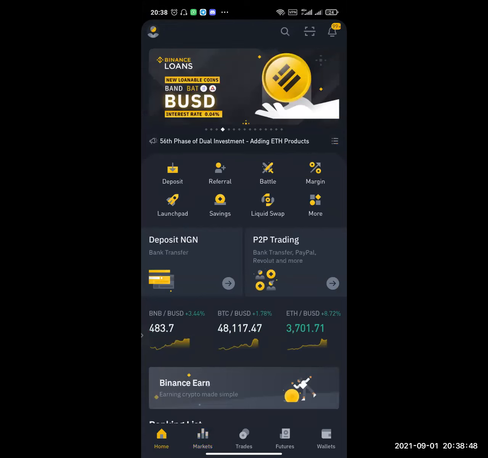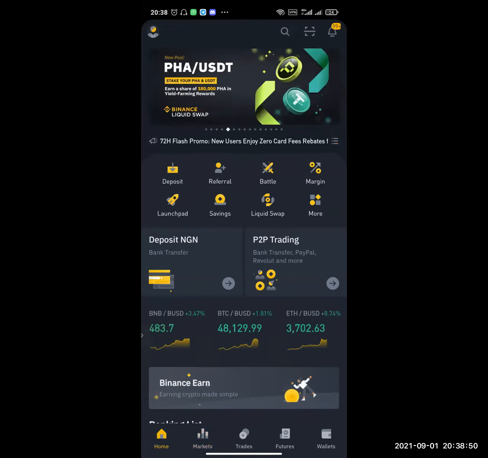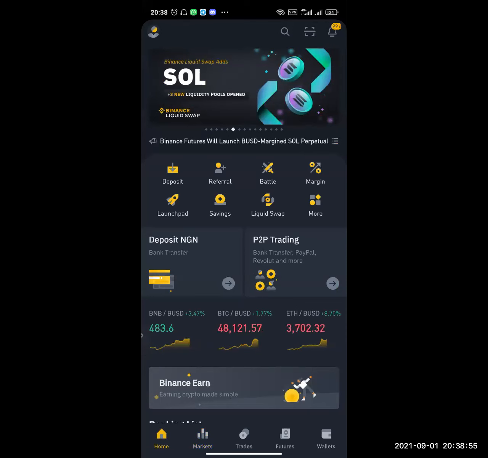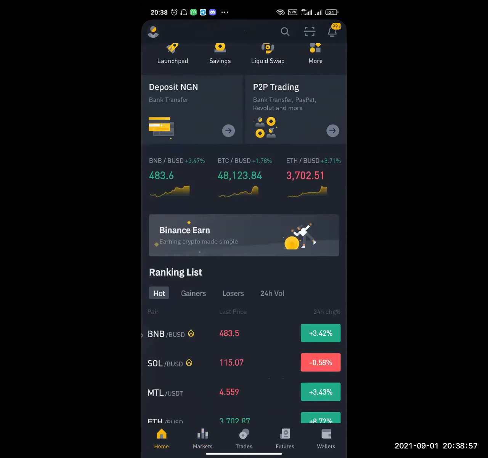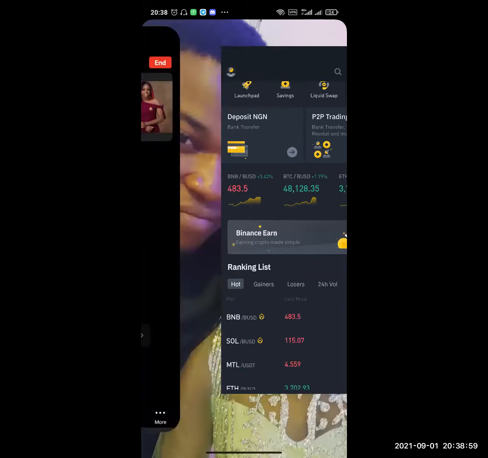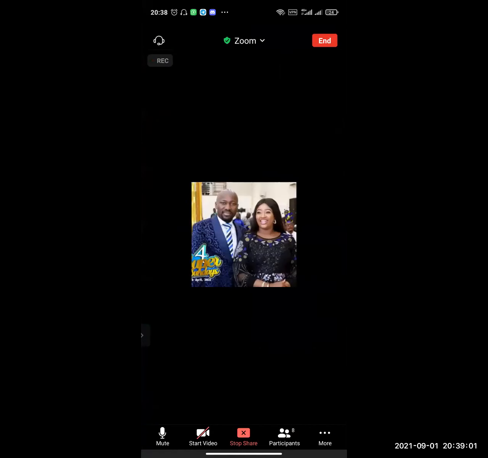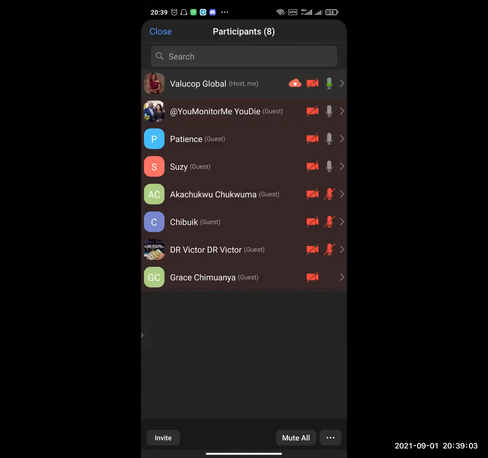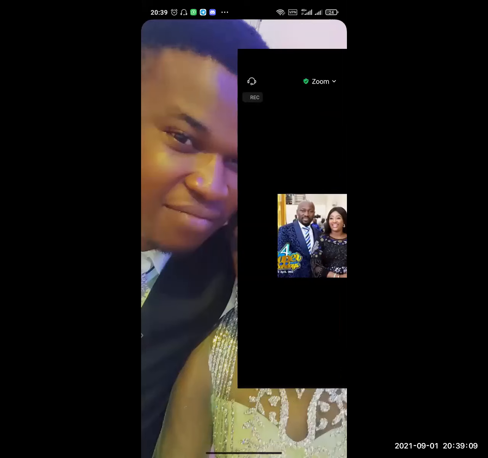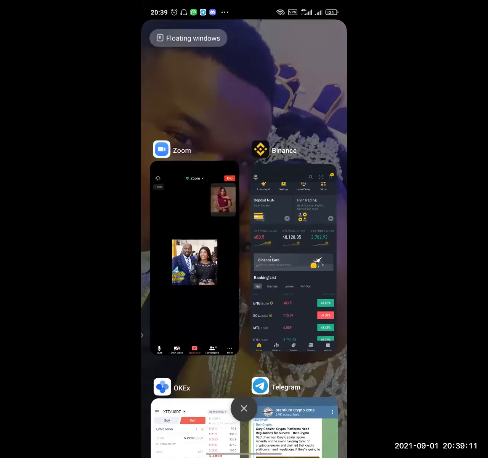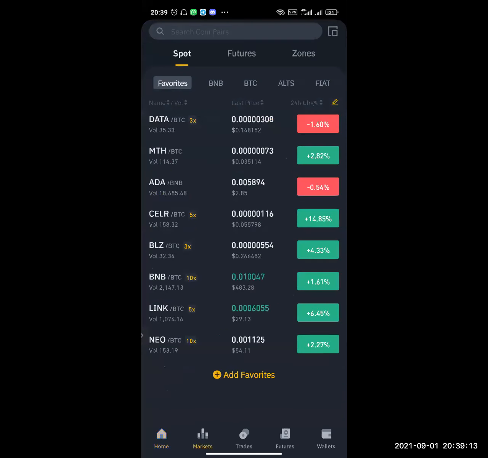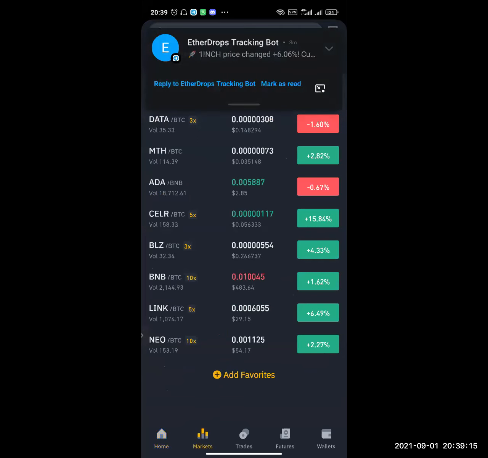All right, can you see my screen? Yes. All right, now. Just help me, unmute yourself. So I want to explain the same thing for Binance. So let me just use a random coin here.